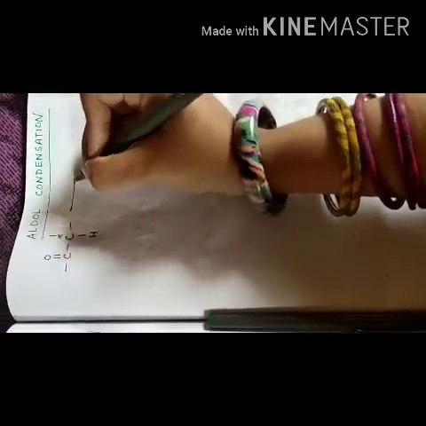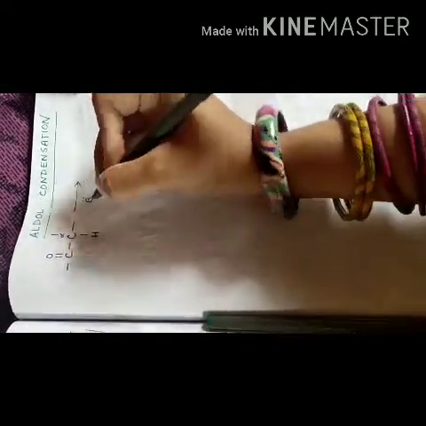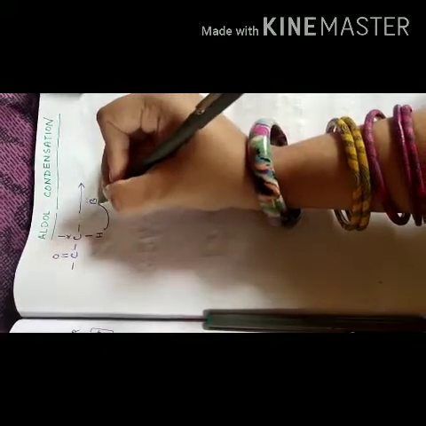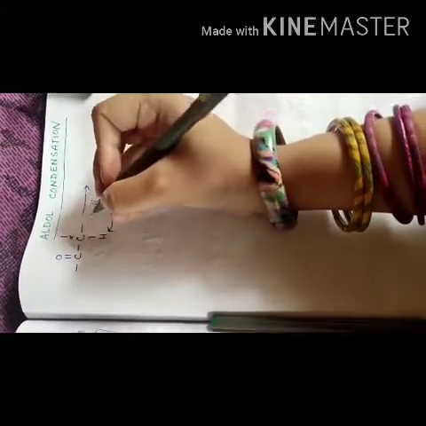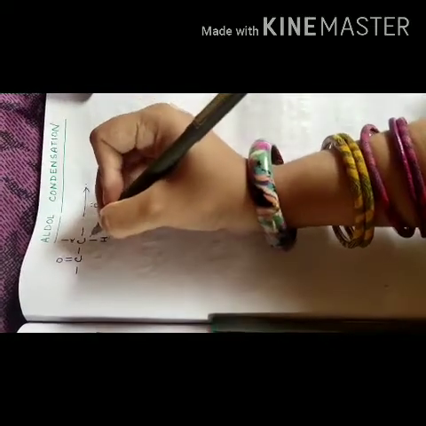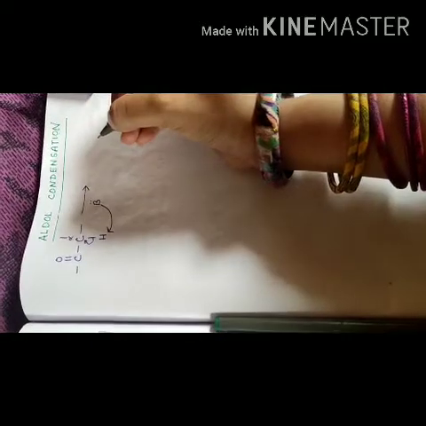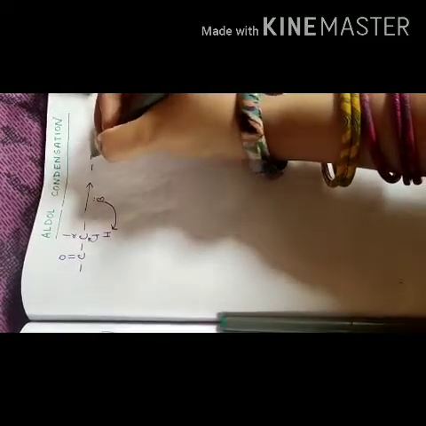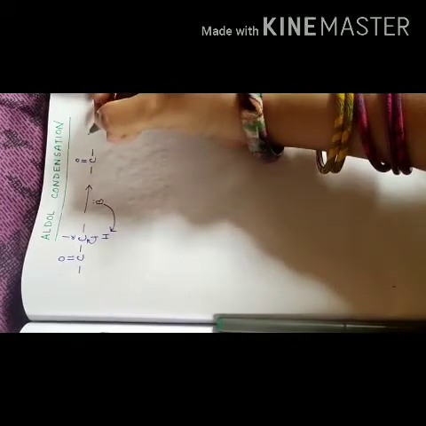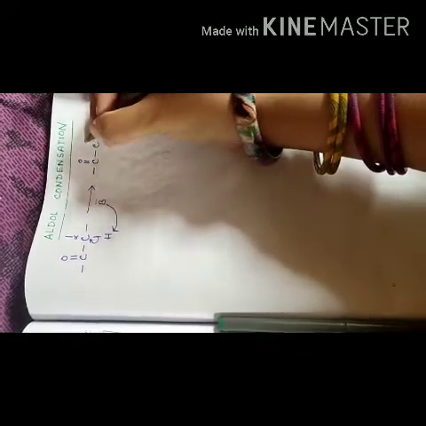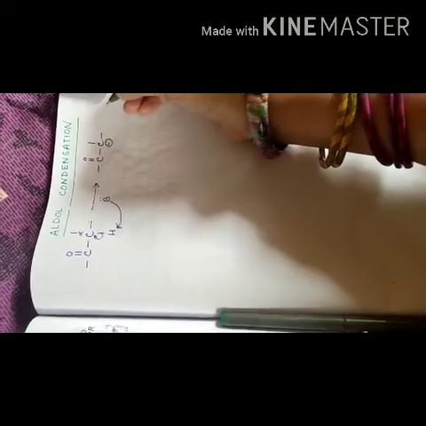Suppose a base is attacking this alpha hydrogen atom, and this bond's electron pair is accumulated at the carbon atom. So what will we get? The alpha hydrogen will be removed as H plus, so there will be a negative charge on this carbon atom.